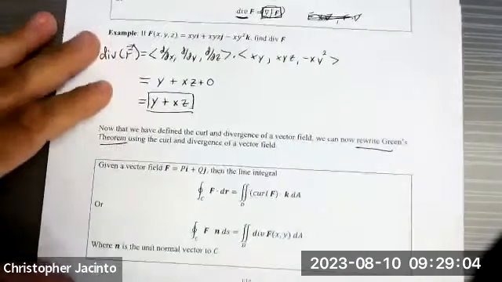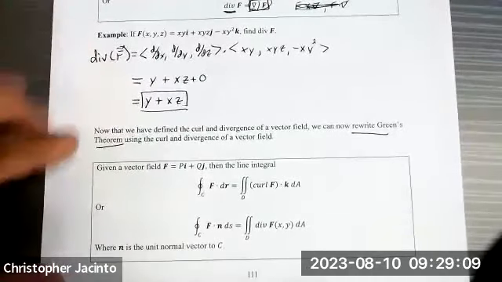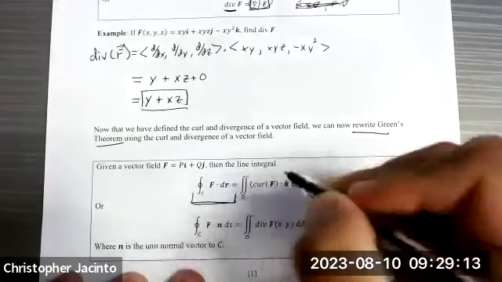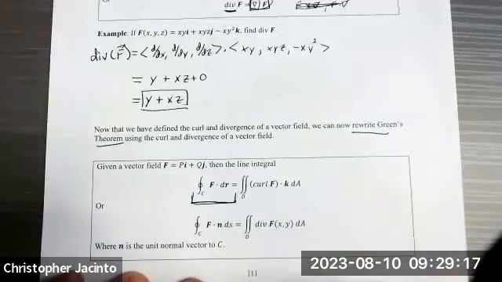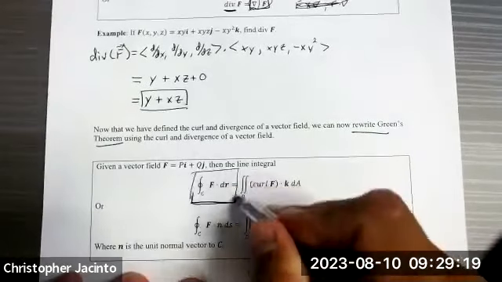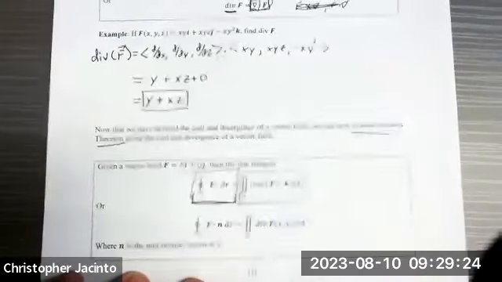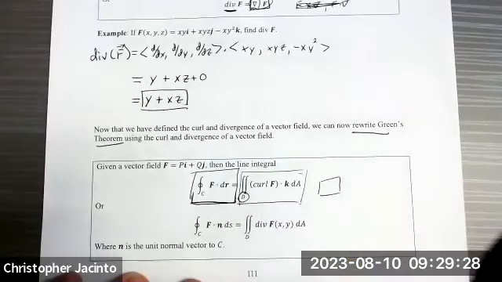Remember, Green's theorem stated that the line integral, there's another alternative way using the line integral, right? However, when it comes to the curl and the divergence, a line integral can actually be represented as the curl of a vector field over a region D. And this region D is literally just a box, which is nice, right?